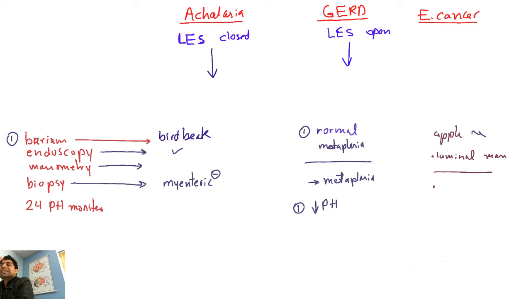So what are you going to see to confirm that this is cancer? Non-differentiating cells. You're going to look for anaplasia. And what else are you going to see? Dysplasia. Abnormal, unorganized, uncontrolled.